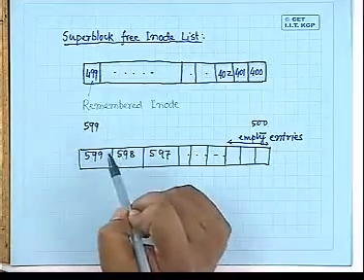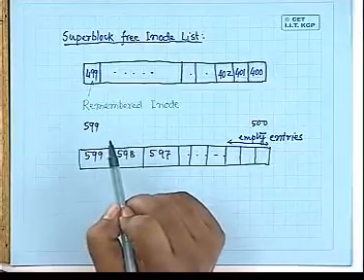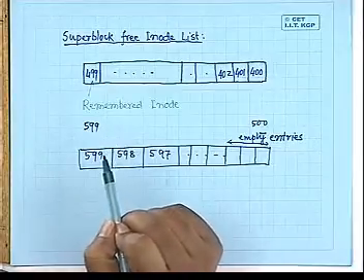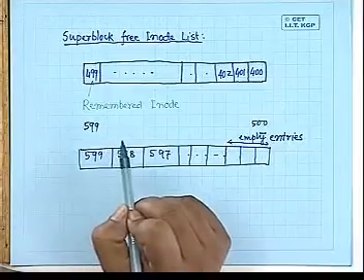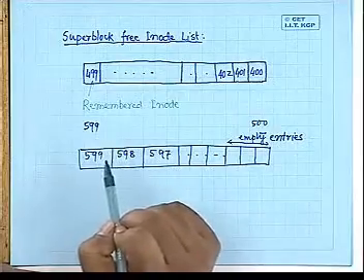Similarly, whenever a process releases an inode by deleting a file or a directory, the type field of this inode has to be marked as 0, so that it is available to other requesting processes.